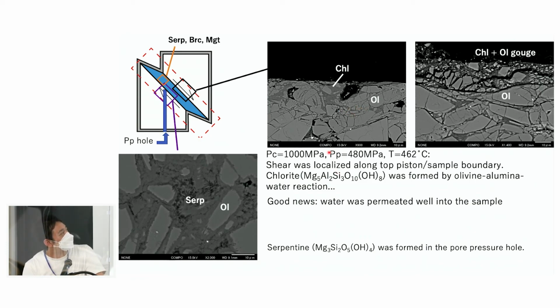But unfortunately, a funny reaction happens not only between the sample and olivine, but also between the sample, the deforming piston, olivine and water. That's why we made chlorite rather than serpentinite. So we need to think about a good piston or deformation pistons.